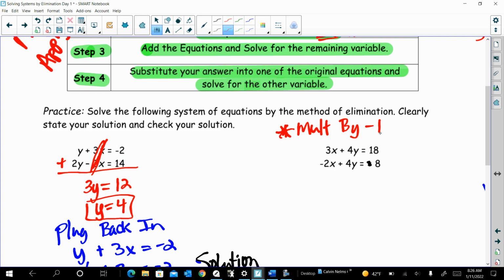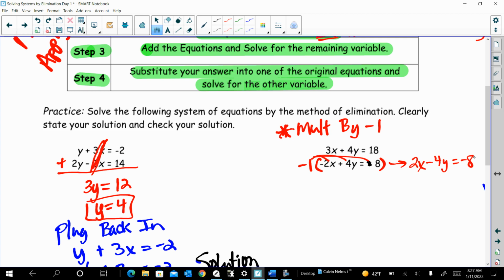Bottom. Okay, so put parentheses around the bottom. Put the negative 1 outside the parentheses. We are now going to distribute this negative 1 to each term. So I'm going to rewrite what it becomes. A negative 1 times a negative 2x now becomes a positive 2x. Negative 1 times 4y now becomes a negative 4y equals, and this now becomes a negative 8.